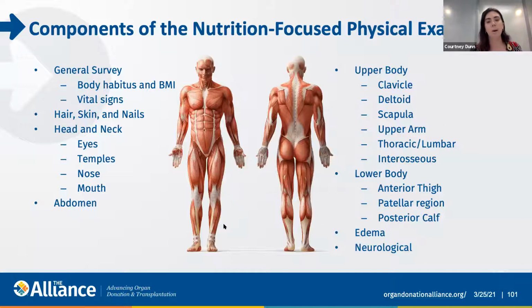Is their strength equal on both sides? This is where a hand grip can also be used to help assess strength in these patients. We also want to make sure that any components of the nutrition-focused physical exam fit with the patient's medical history, their diet history, and whether any of the findings can be related to the transplant medications or their disease state.